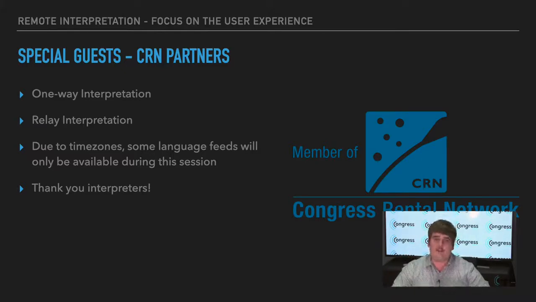So say for example Paula wanted to listen in Indonesian, all she would need to do is flick over to the Indonesian channel, and what she would be hearing is Tomas in Hungarian into English through the Hungarian interpreter, English into Indonesian through the Indonesian interpreter. It's quite confusing, but it works really well, so that's relay interpretation.